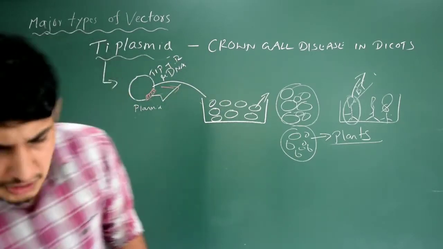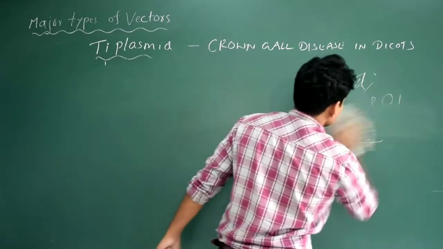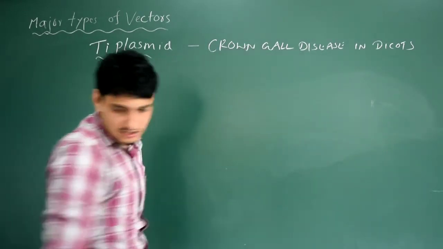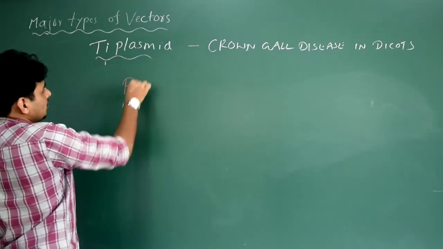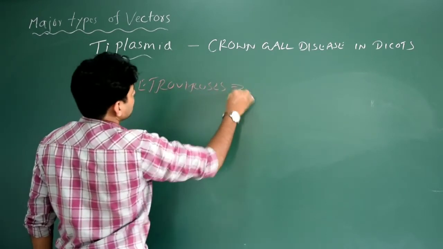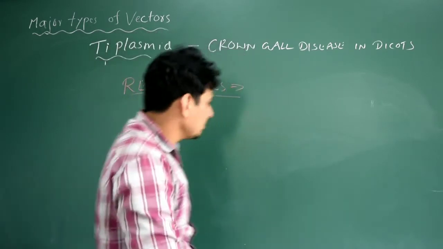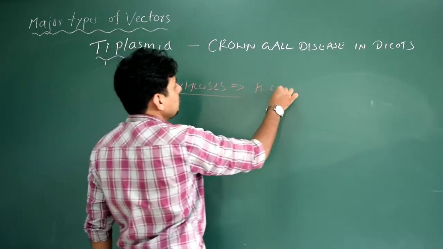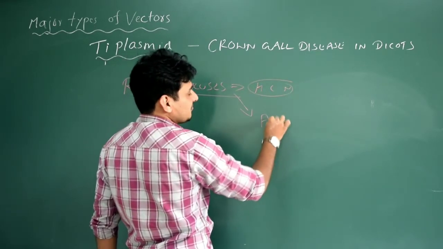Okay. The next one is about the retrovirus. Just one point, retroviruses are a large class of viruses. For example, HIV also belongs to retroviruses. So the genetic material of retroviruses can also be used as a cloning vector because they have high copy number ability, and they always infect only animals.